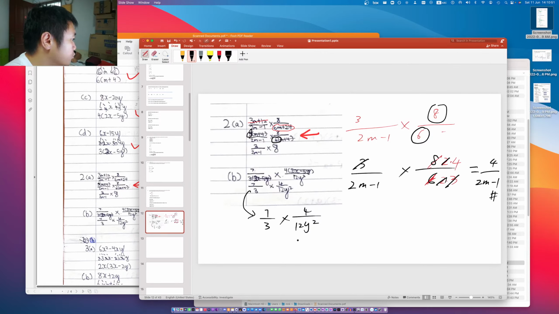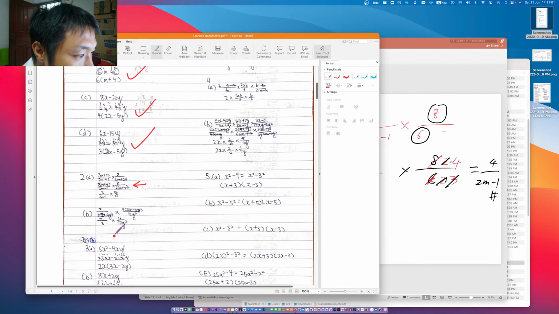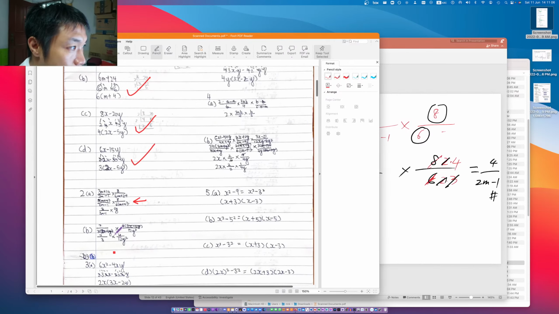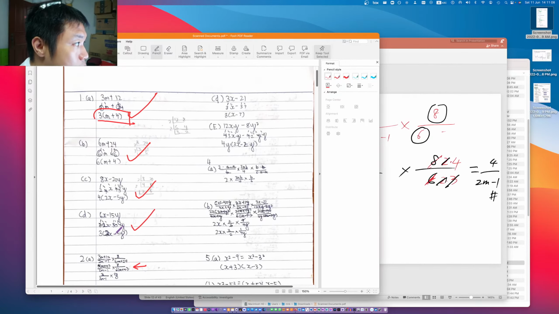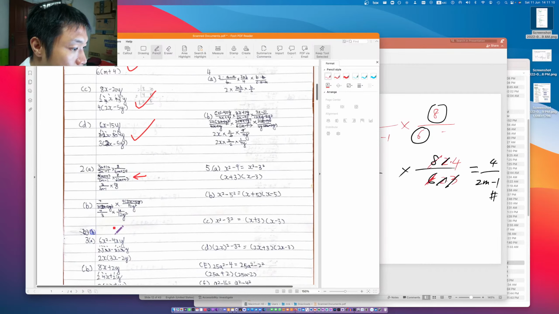If you see opportunity to split, then you split. If you don't see opportunity to split, then you cannot split. Let me continue from here. But this is not the final answer yet. Continue, quick one.